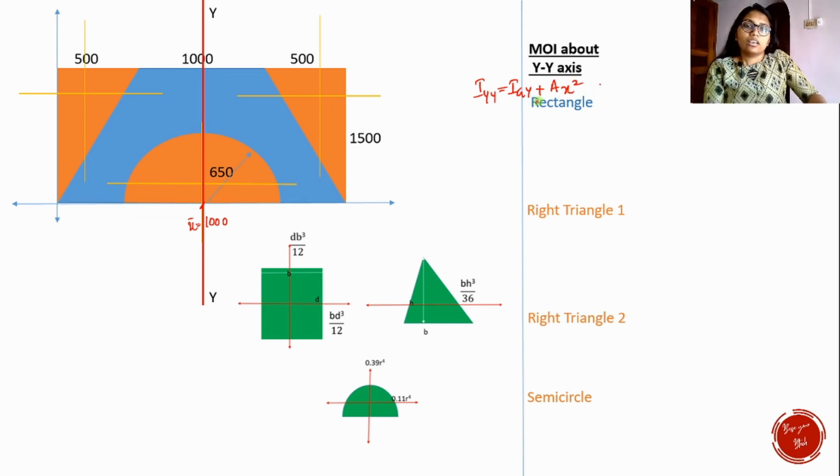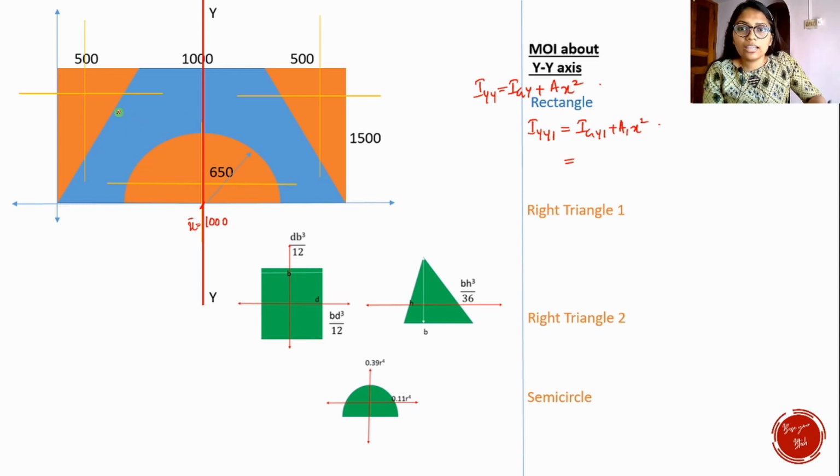Okay, and now for rectangle, Iyy1 is equal to Igy1 plus a1 x square. Again Igy1, that is moment of inertia for the rectangle which is rotated about y-axis or vertical axis, it is db cube divided by 12, and d is the line parallel to vertical axis.